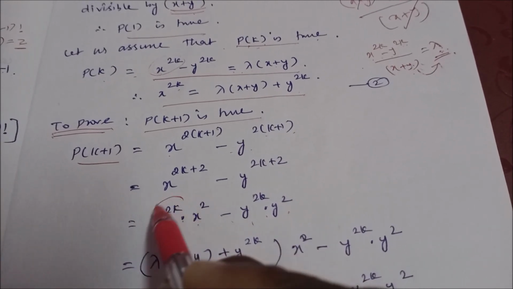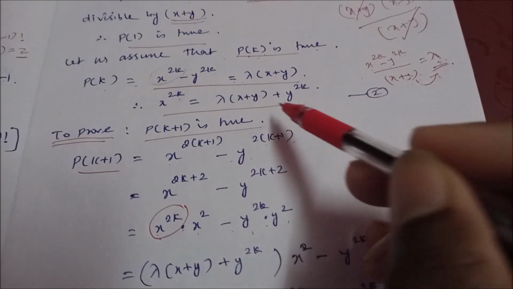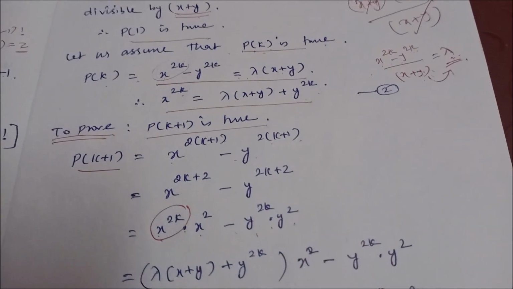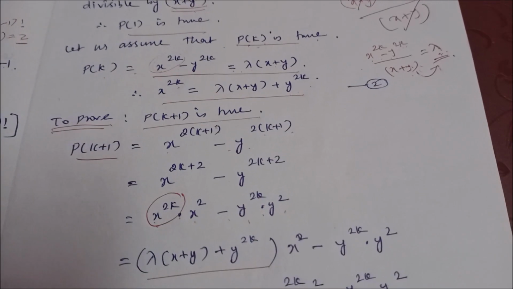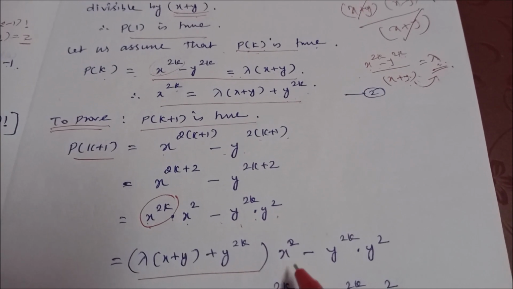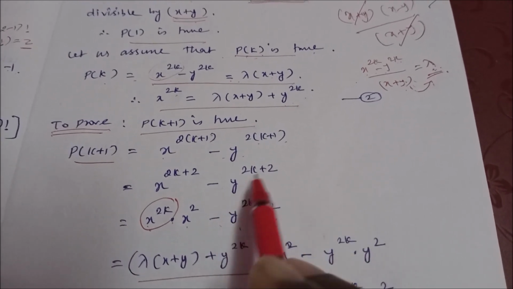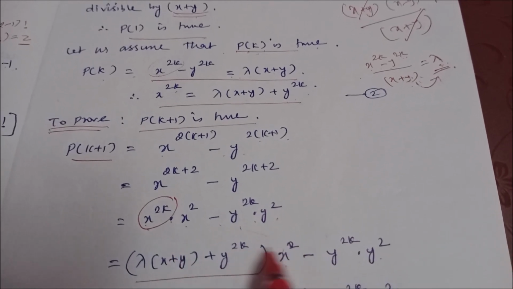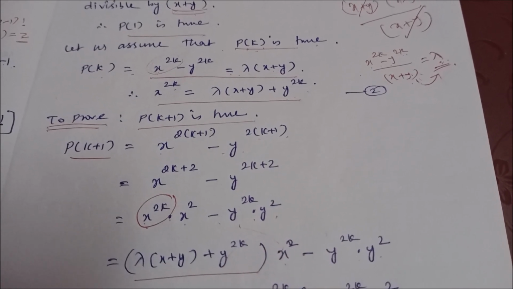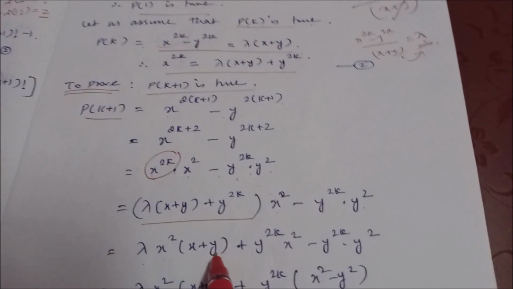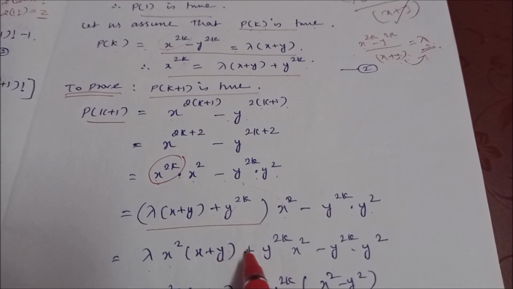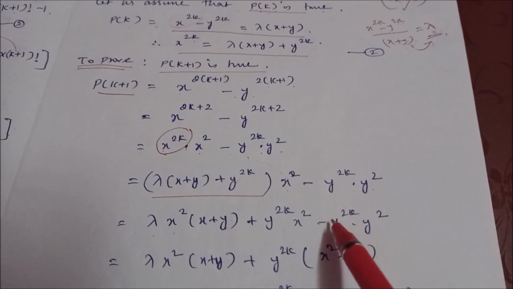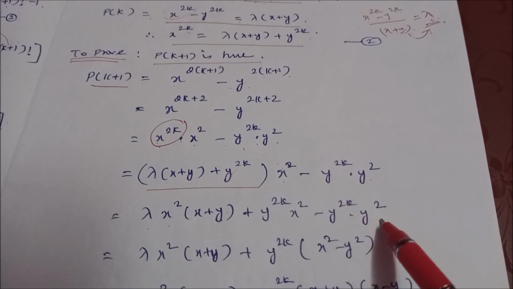So replace x^(2k) by this term, λ(x + y) + y^(2k). Multiply by x² in both terms: λ x²(x + y) + y^(2k) x², and minus the right side term y^(2k) into y².